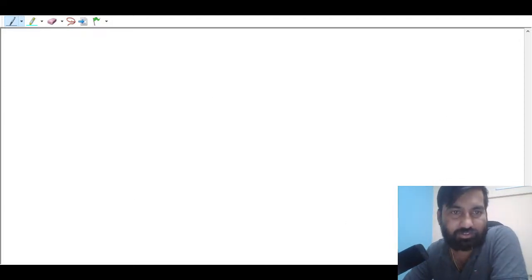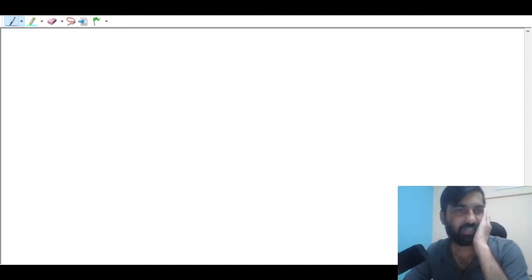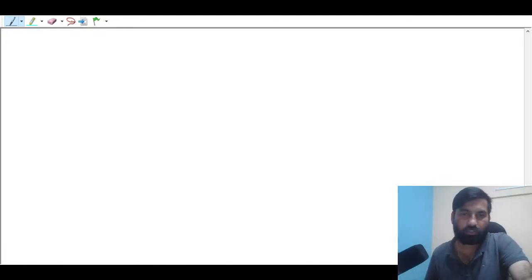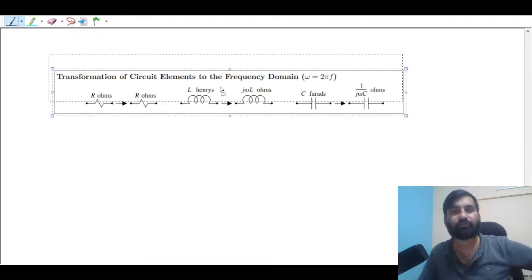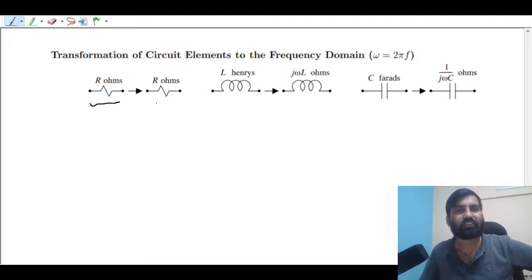So these are the transfer functions. In case of resistance, no problem is there, so Z_R, Z_C, Z_L have the same unit. I think this is clear. You can always convert the electrical circuit elements to the frequency domain. कैसे करोगे ये? जैसे मान लो रेजिस्टेंस है, रेजिस्टेंस का रेजिस्टेंस ही होता है, there is no change.